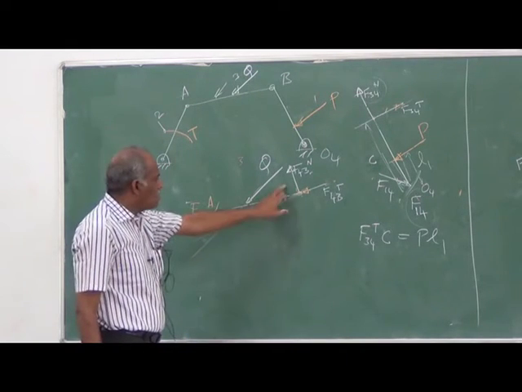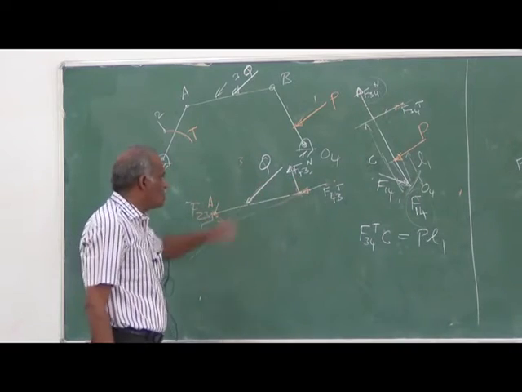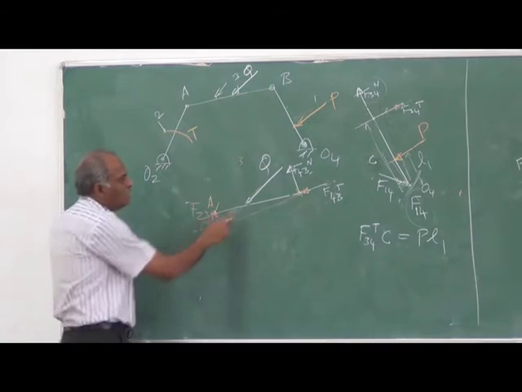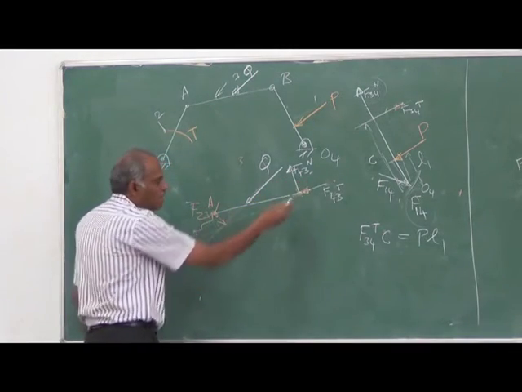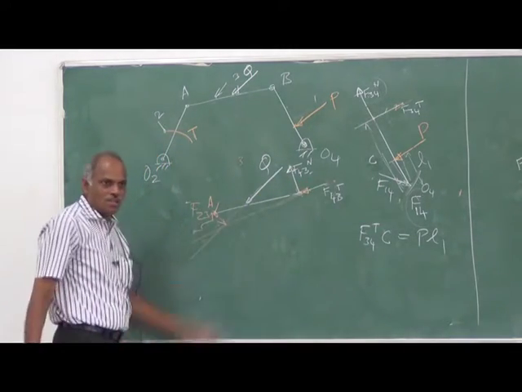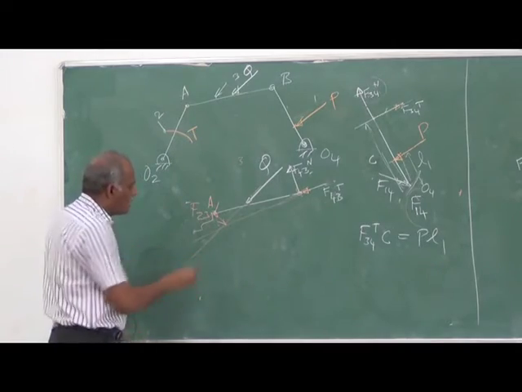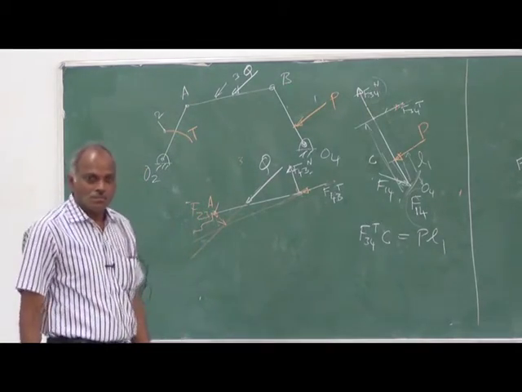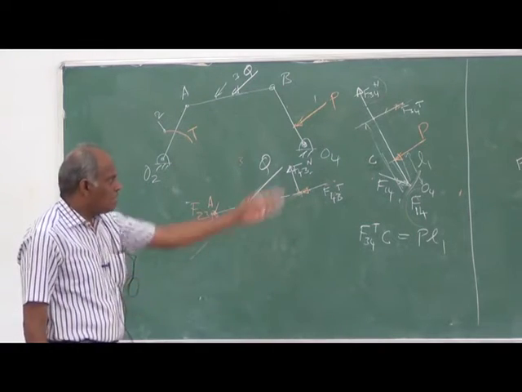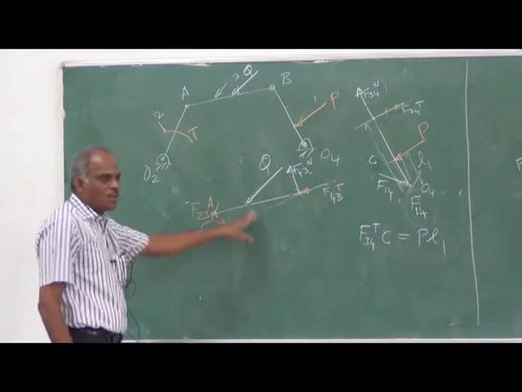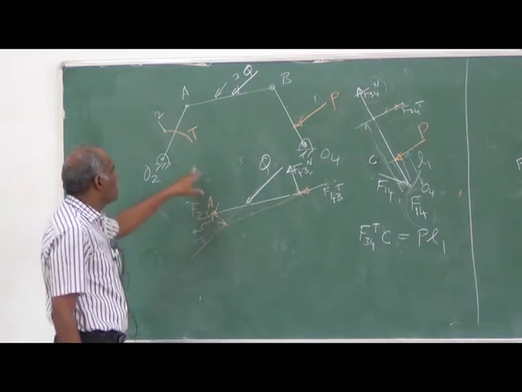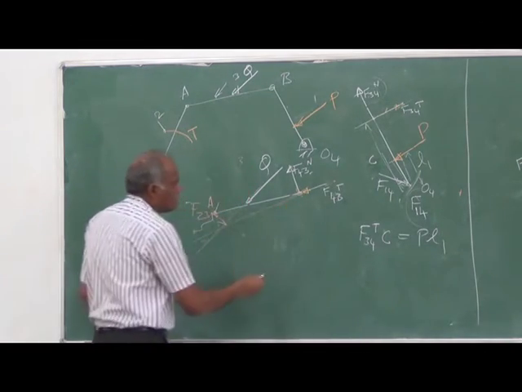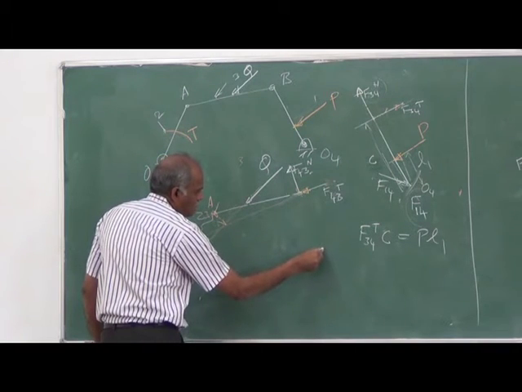Okay. Now coming here, these two are known, Q is known, only magnitude and direction of this is not known. Again you can draw the vector polygon using all these three forces. Closing side of the polygon will be my F23. Similarly I draw the closing side of this polygon, I will get F23, and if I try to do that here, I can start from here.